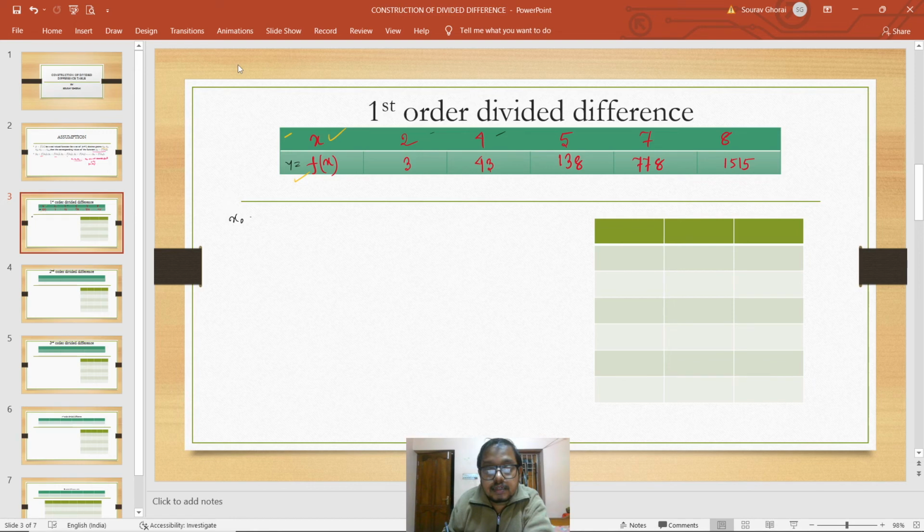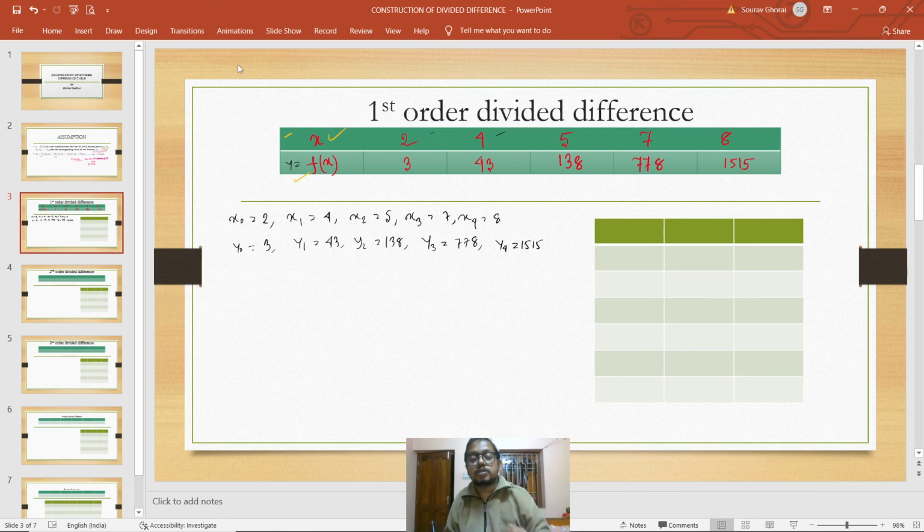We can consider x0 = 2, x1 = 4, x2 = 5, x3 = 7, and x4 = 8, and the corresponding y0 = 3, y1 = 43, y2 = 138, y3 = 778, and y4 = 1515. So now, how can we construct the first order difference table?